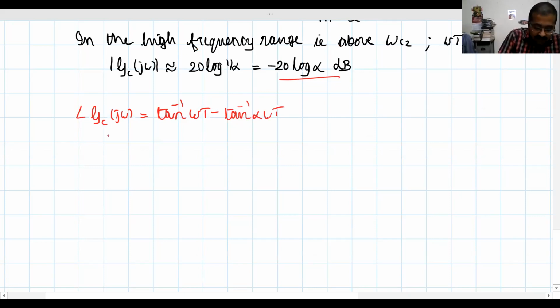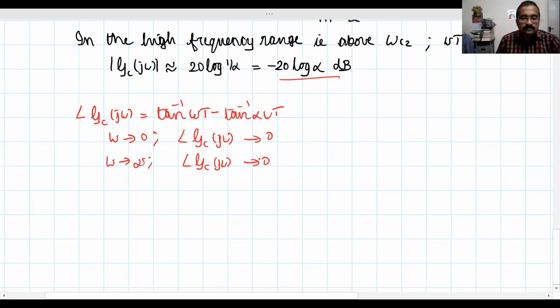Now as omega tends to 0, what will be the angle GC j omega? It tends to 0. When omega tends to infinity, what happens? Angle GC of j omega will again tend to 0. It is not a constant 0 line. It varies from 0, it becomes negative, it becomes a negative maximum, then it starts increasing and again converges back to 0.